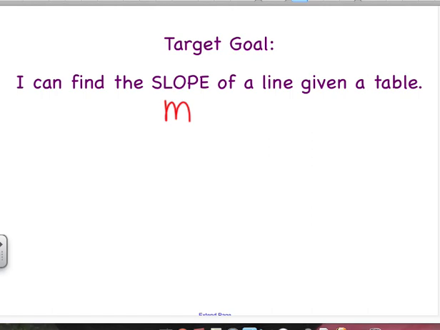So we've talked about slope being equal to rise over run. And if you recall, if you're looking at a set of stairs, rise goes up, and then run goes side to side. So the distance of the rise, let's say it's 3, that would be your numerator.